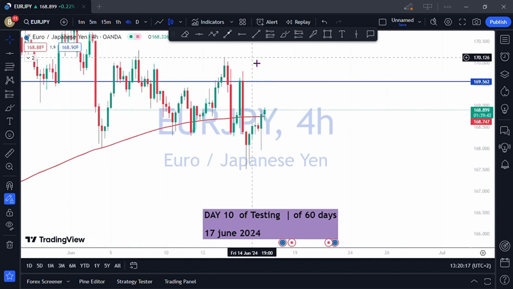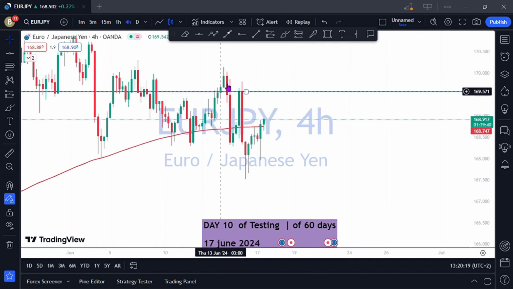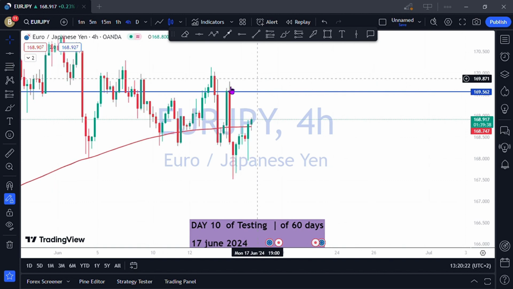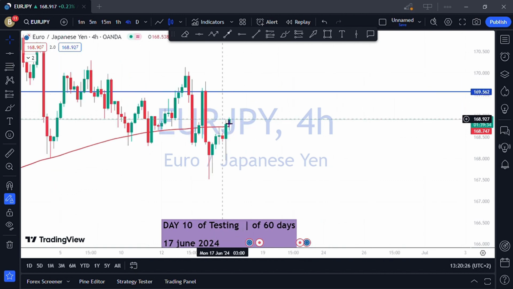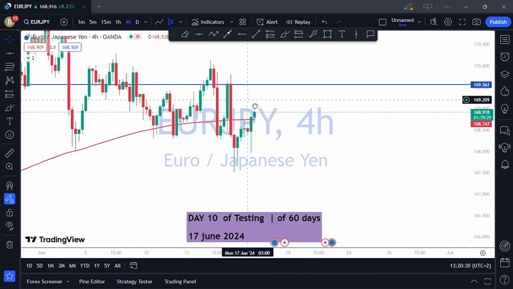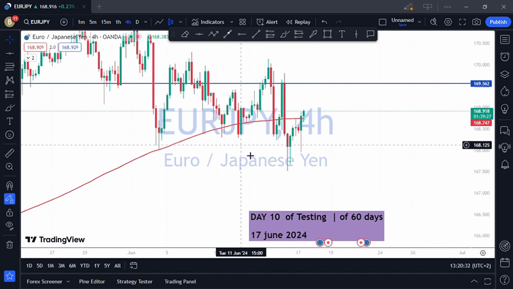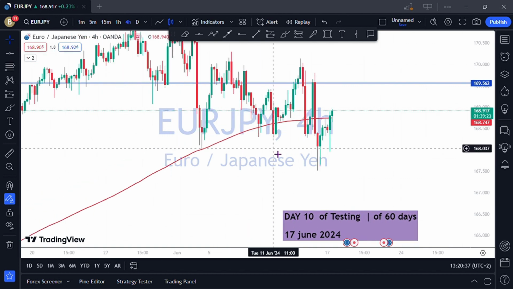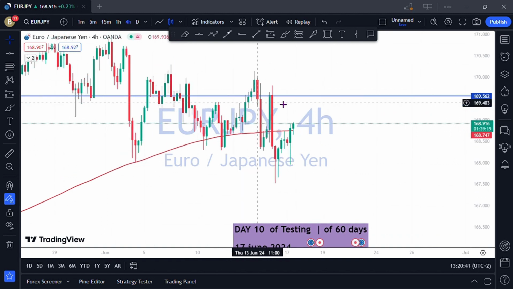Right here I have a level of resistance, and then we are supposed to be looking for a counter trend, a level of support. Since we just have a level of resistance, which is a counter trend, we don't have a level of support. So what I'm expecting.